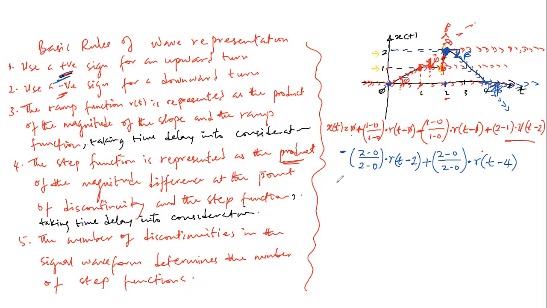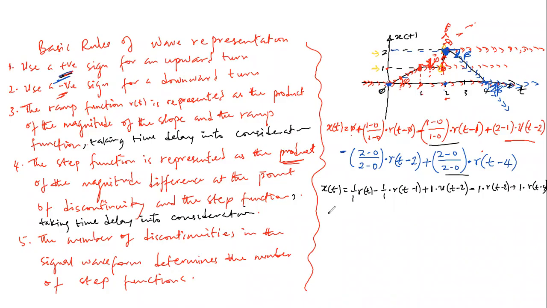So the eventual signal waveform is going to be s(t) equal to 1 over 1 r(t), minus 1 over 1, that's this now, times r(t minus 1), plus 2 minus 1, that is 1, times u(t minus 2), minus 1 times r(t minus 2), plus 1 times r(t minus 4).